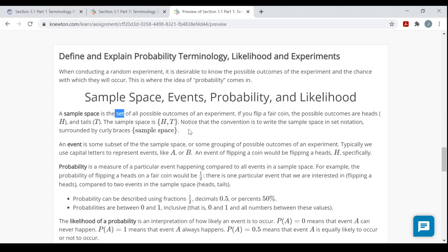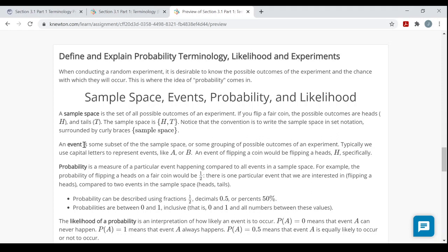It's a set, a collection of all possible outcomes. So for flipping a coin once, you can get a head or a tail, and that's it. That would be considered the sample space for that experiment. Notice that the convention is to write the sample space in set notation, with the curly braces.